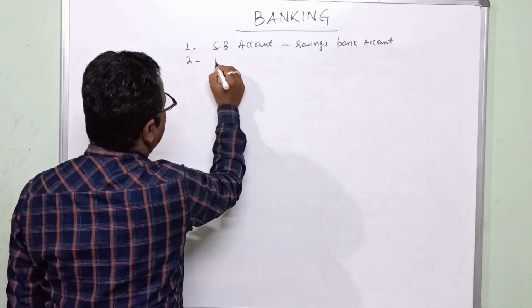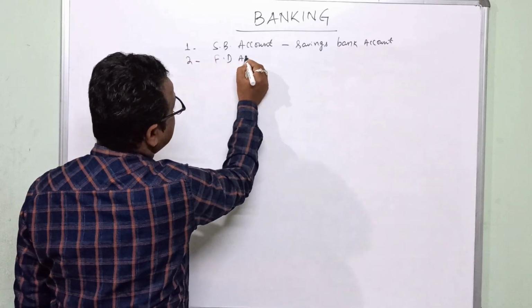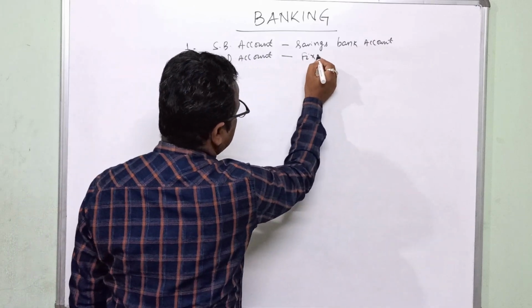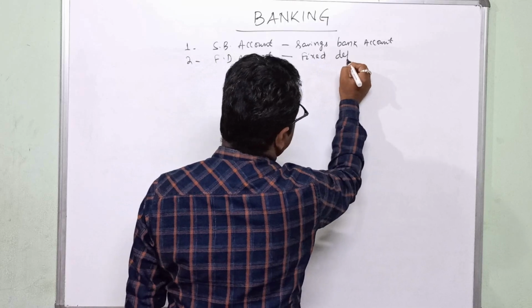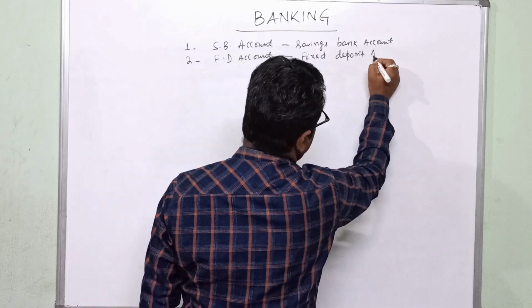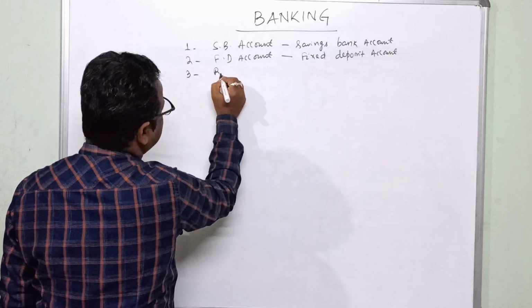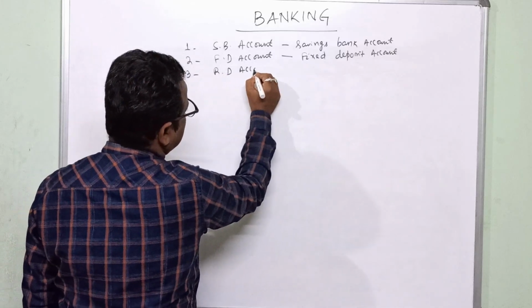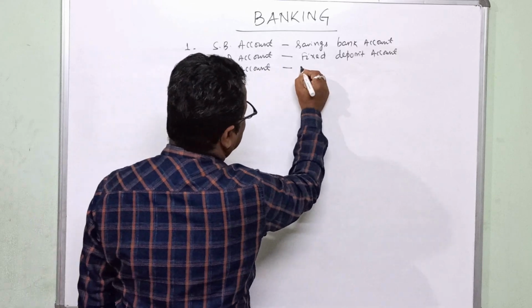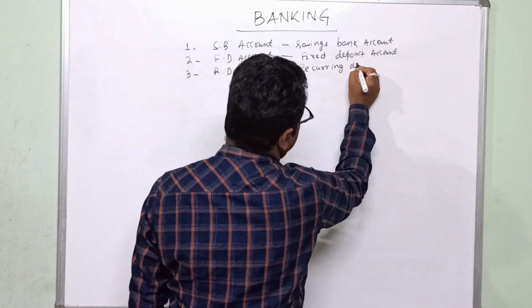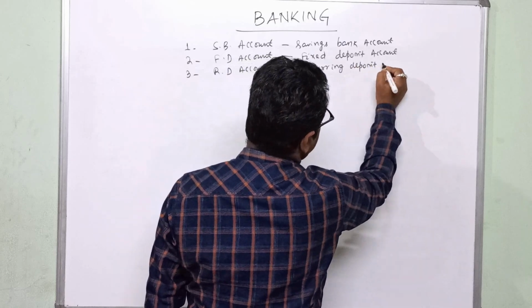Number two, FD account, which is your fixed deposit account. Third one is your RD account, recurring deposit account.